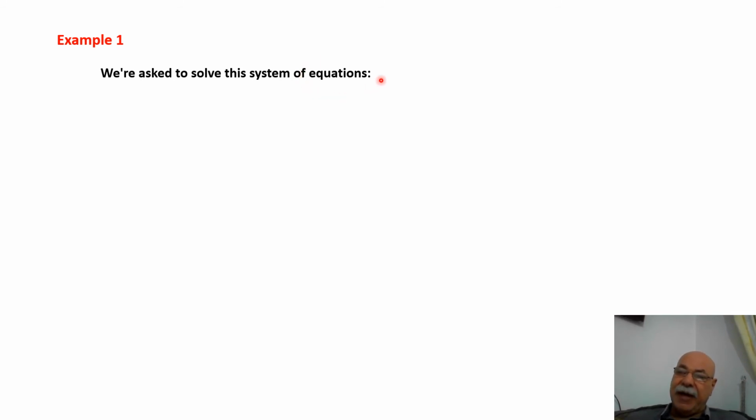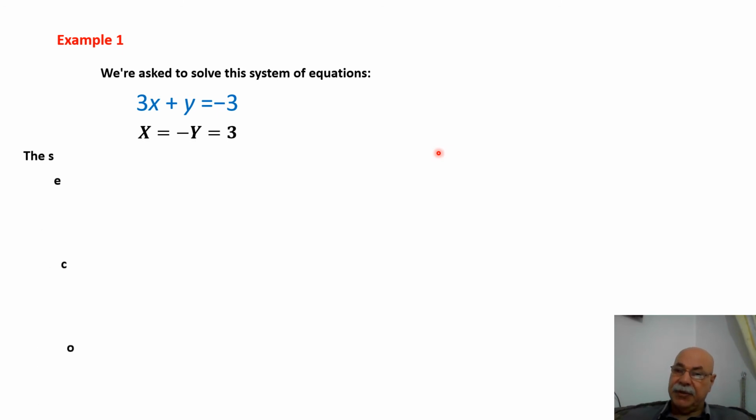An equation in algebra has some system or method to solve it, depending on the question for this equation. Here I have 3x plus y equals minus 3. I want to solve this system of equations. It tells me x equals minus y plus 3.